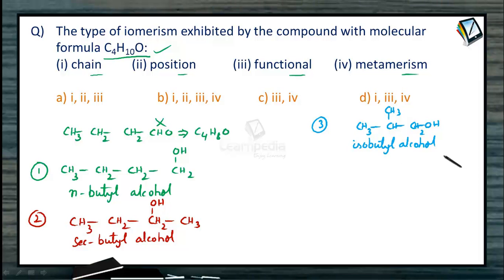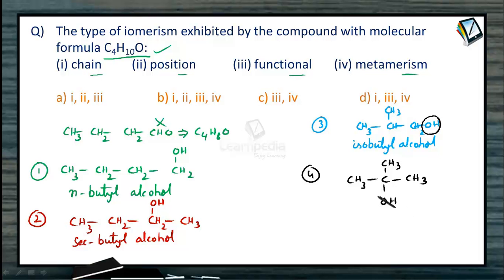Now again we can change the position of this OH group to the second carbon, because with this carbon skeleton, if you write the OH group here, here or here, it is the same compound. But when you write the OH group at this particular carbon, we get a different compound, which is CH3, C, CH3, CH3, OH.